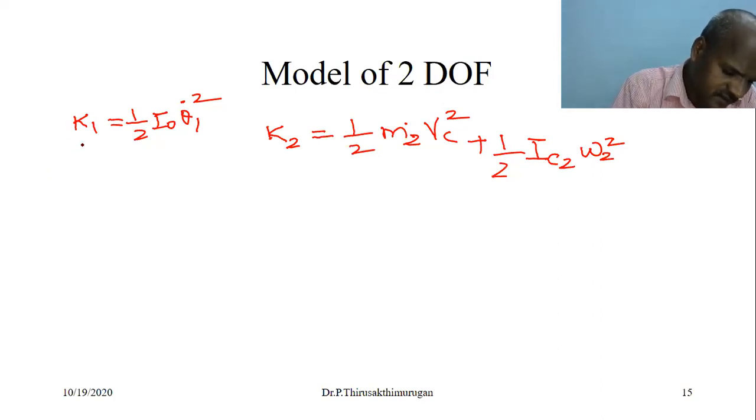Let us find XC2 and YC2. We normally calculate XC2 and YC2. What is XC2?